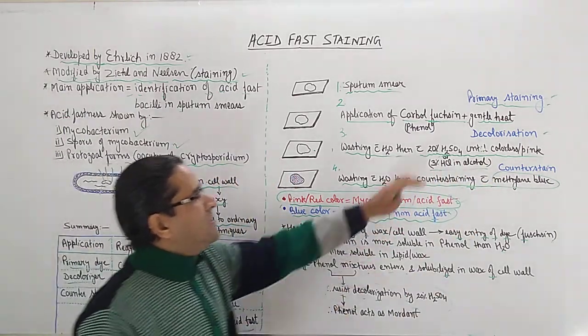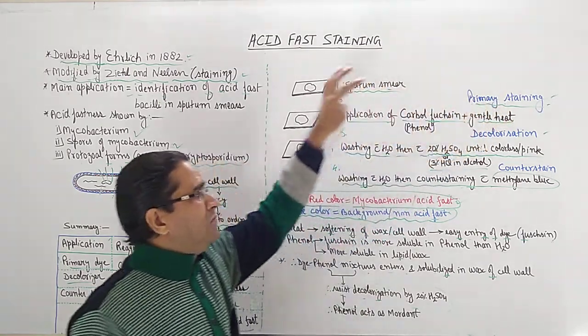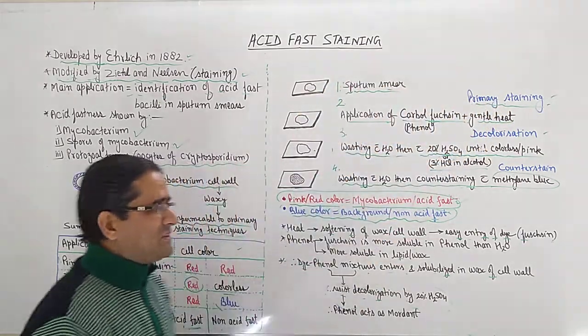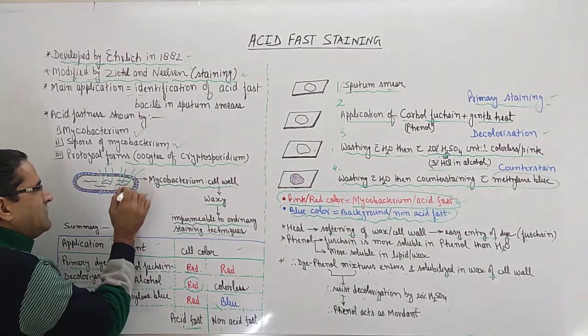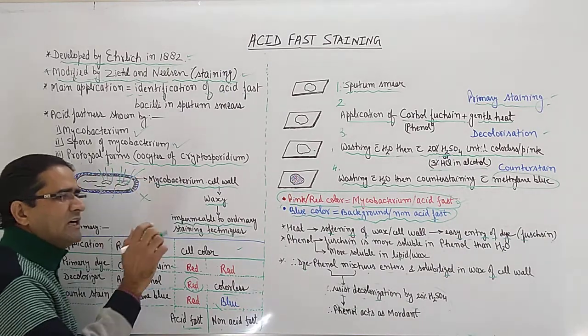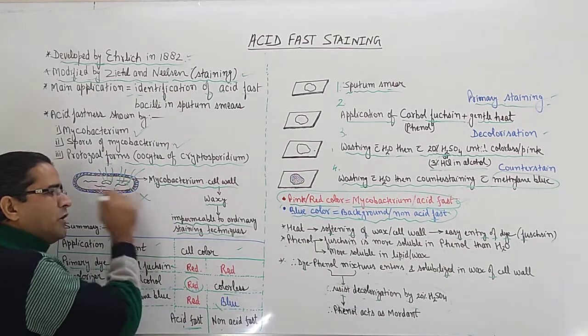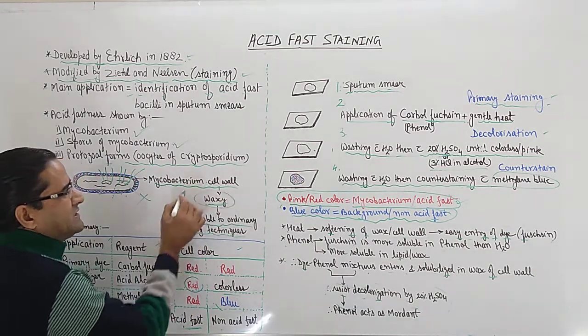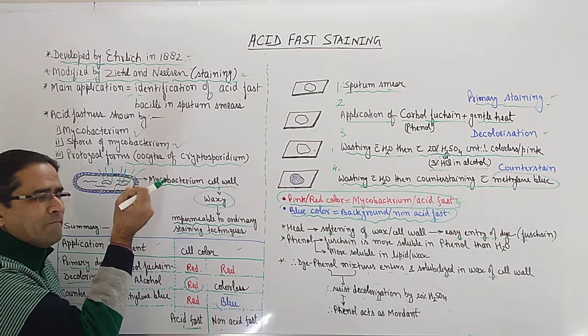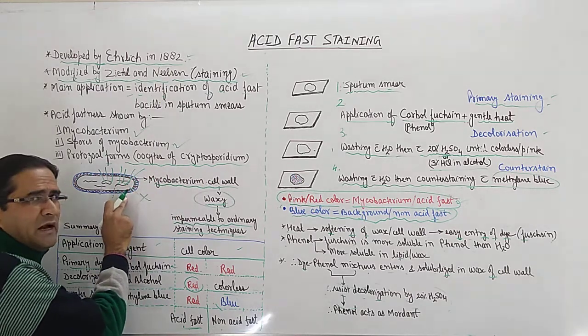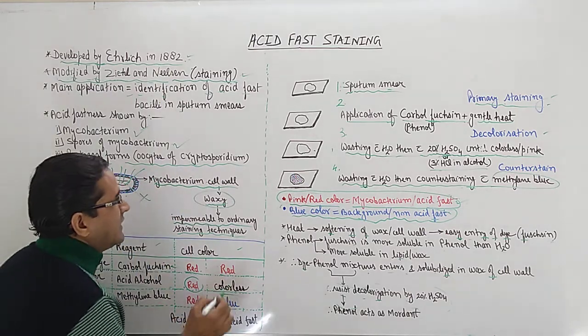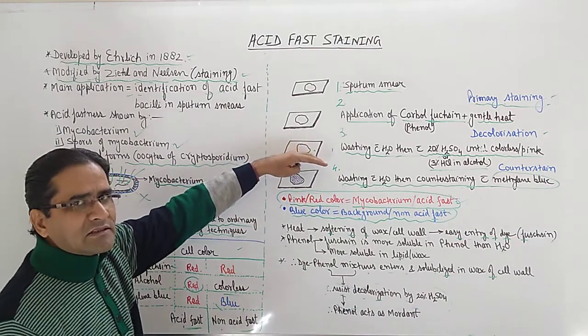It means the primary stain, carbol fuchsin, will enter and it will remain here. It will not be decolorized because the bacterium is mycobacterium and we have seen it is acid fast in nature. It retains the primary dye. But if it is not mycobacterium or is some other bacteria, this sample will become colorless.